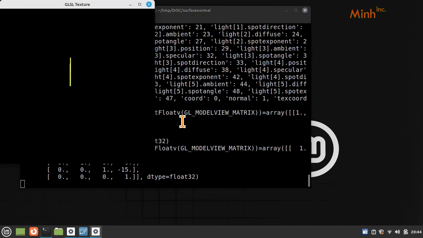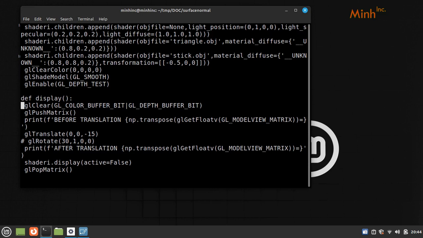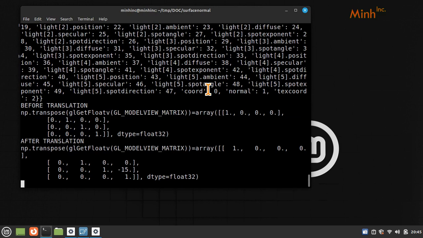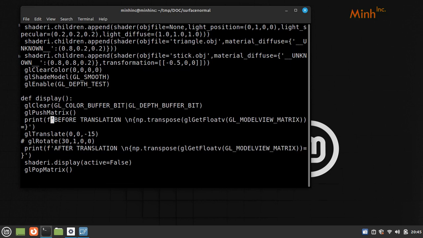Probably I can print it in a different way, before translation and after translation.